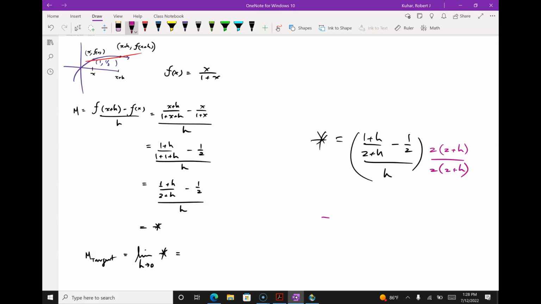So what happens? I get 2 times 2 plus h times what? 1 plus h over 2 plus h, minus 2 times 2 plus h times 1/2, all divided by 2h times 2 plus h.